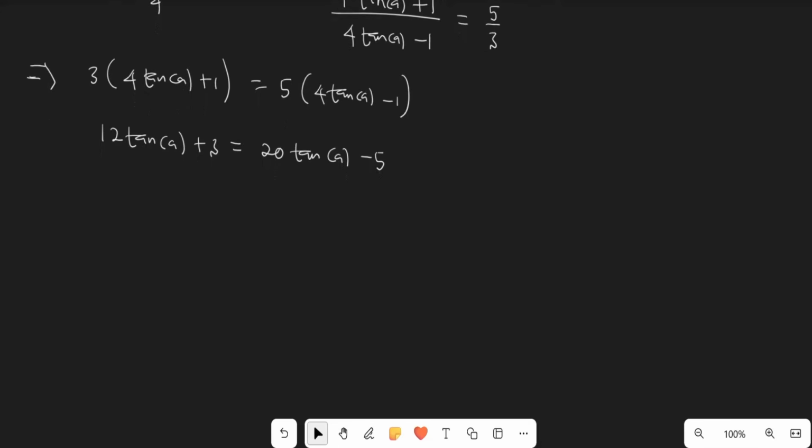Let's subtract 12 tangent of a from both sides. That is going to be 20 tangent of a minus 12 tangent of a, which equals 3 plus 5. So this is 8 tangent of a.